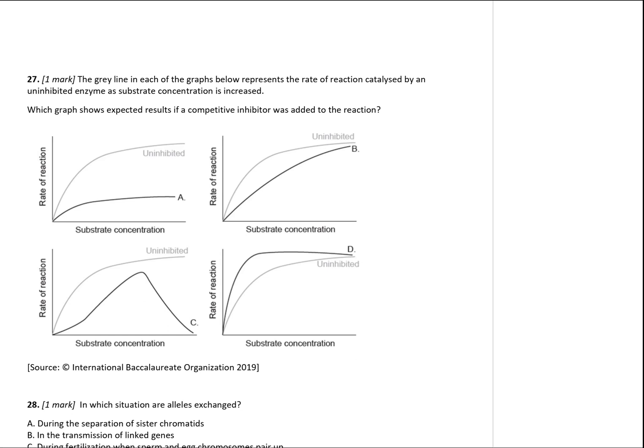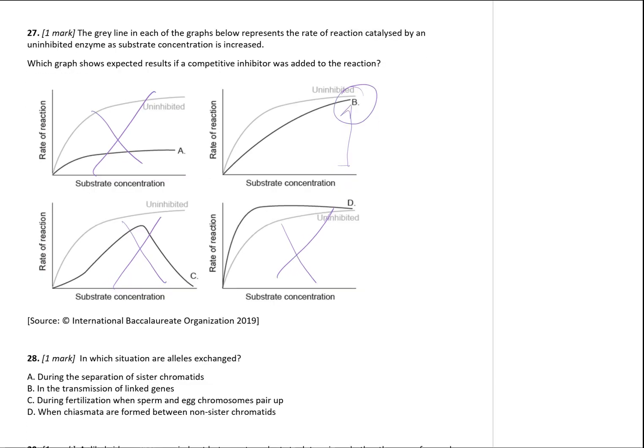So if you look at each of these graphs, in A, increasing the substrate concentration had virtually no effect. It can't be A. In C, it has effect and then it stops having effect. It can't be C. And D, it's actually quicker than the uninhibited reaction. That can't be possible. Whereas in B, what you're seeing is it's a slow rate of reaction, but as you increase the substrate concentration, the rate goes up, and so the answer there is B.